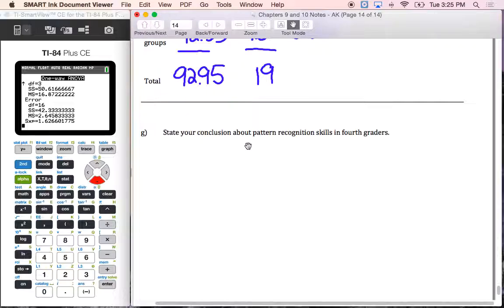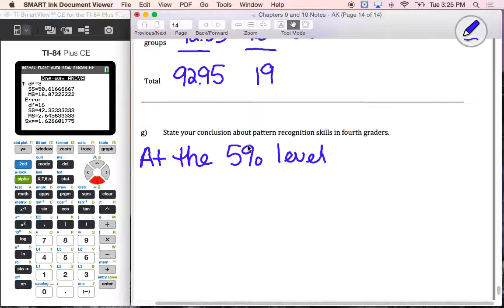Now we're going to state our conclusion. So you will have to write a sentence for me with this on your quiz and test. So at the 5% level of significance, again, starts off just like our chapter 8.